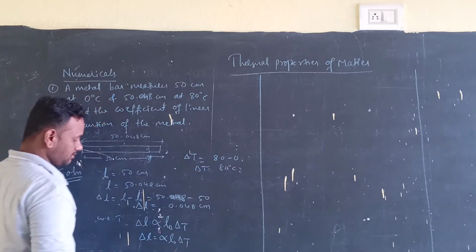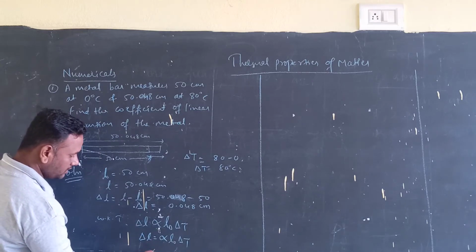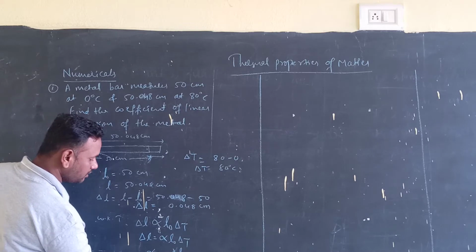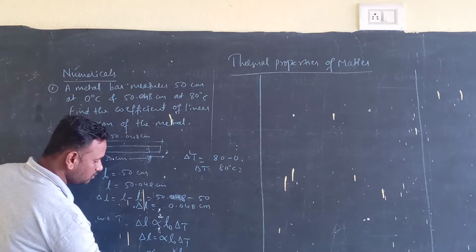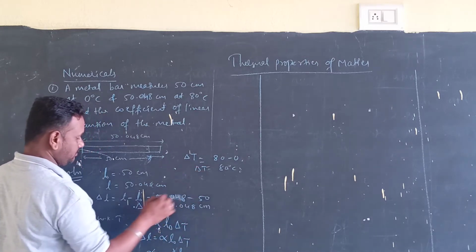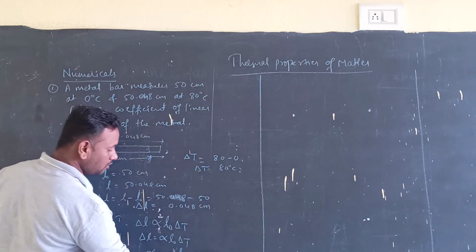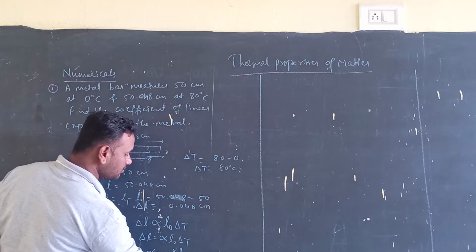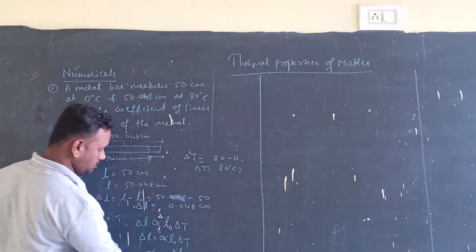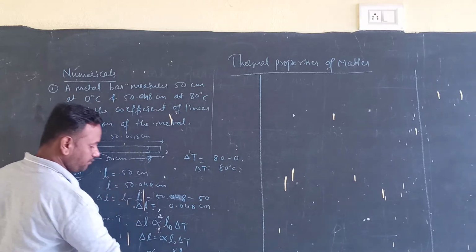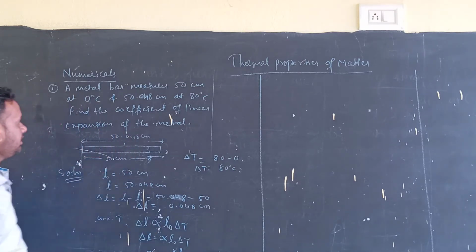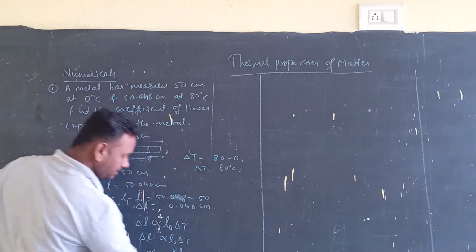That is delta T. Now therefore alpha is equal to change in length divided by L0 into delta T. Now delta L is how much? Delta L is 0.048, whole divided by L0, which is 50, into delta T, which is 18.